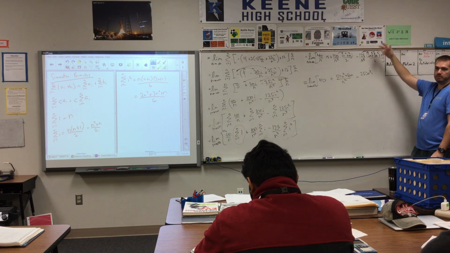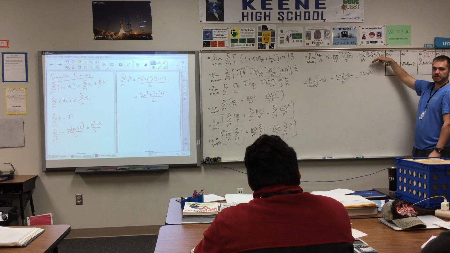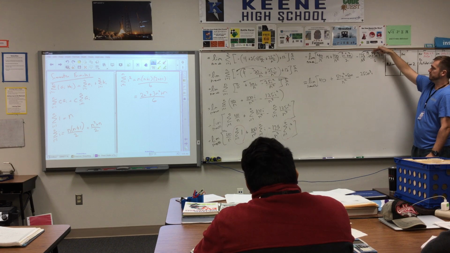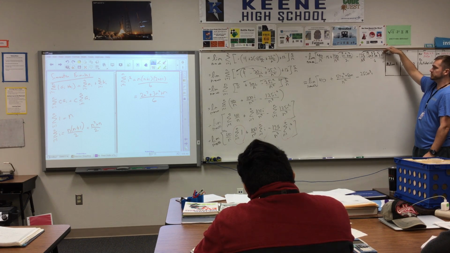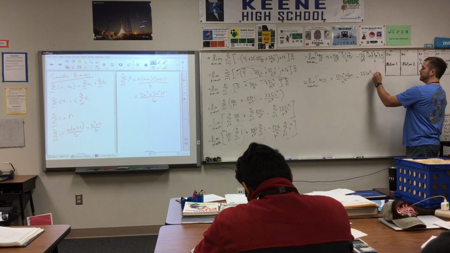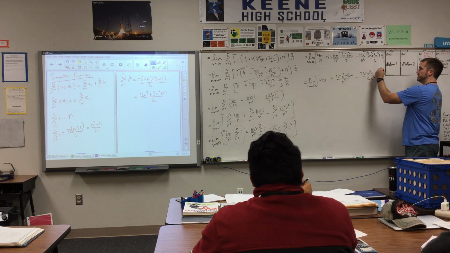If you remember when we were talking about limits, when you end up doing a limit of a polynomial over a polynomial, and you've got a cube, a squared, and a single term, which one of those is going to be dominant? The cube. So I'm going to say blah, blah, blah, who cares, all over 6n cubed.